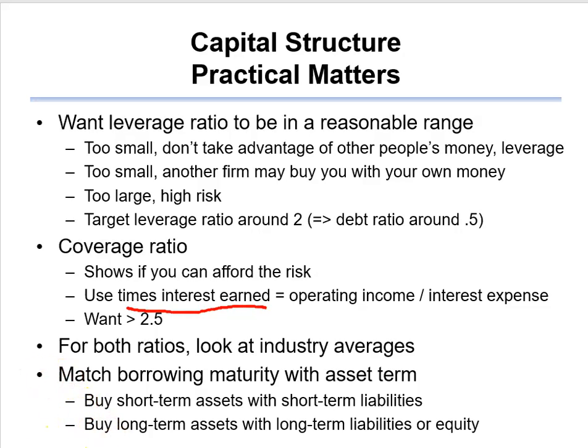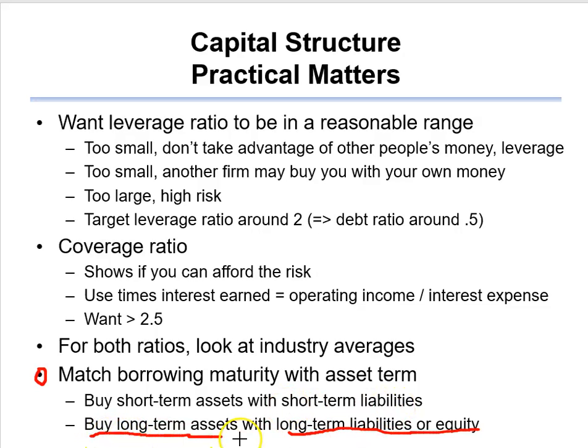A really good rule of thumb, I think, to pay attention to is this. What you want to do is match the borrowing maturity with the term that you're going to hold the assets. In other words, buy long-term assets with long-term liabilities or equity. If you're going to get short-term stuff, inventory, then use short-term liabilities.